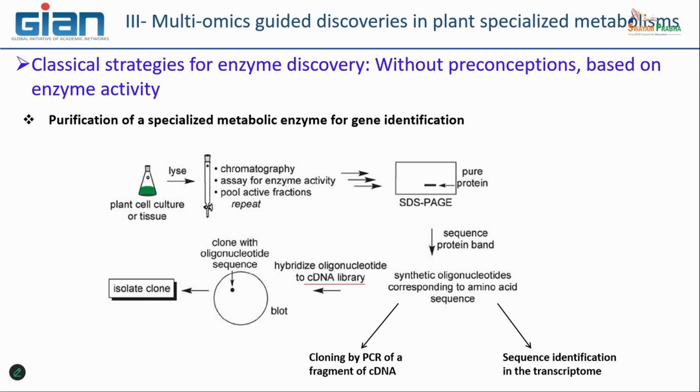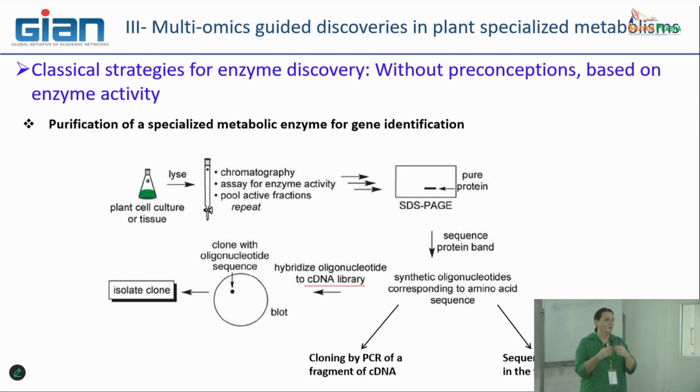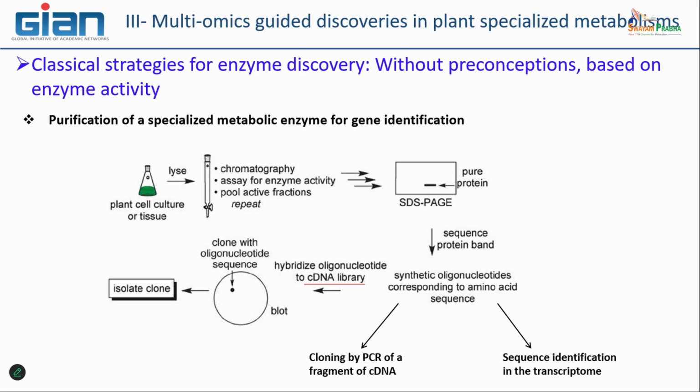After a lysis of this plant cell culture, we can make some chromatography in order to separate all the proteins in subfractions, and each fraction can be assayed according to a specific enzyme activity, because you are looking for, for example, a P450 enzyme.